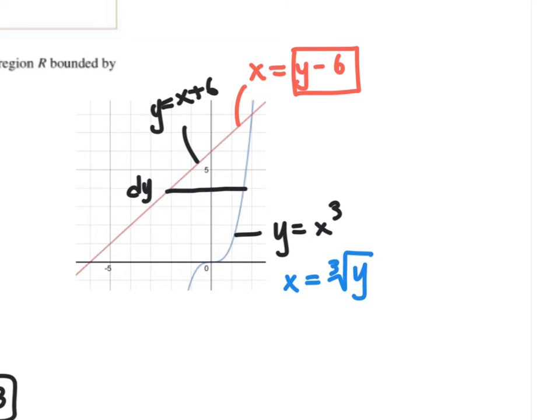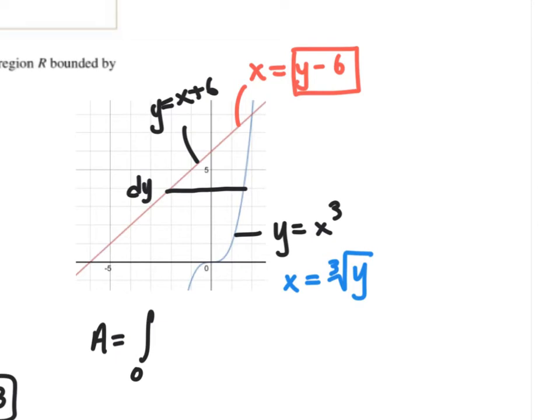Now I just want to write one integral. And so the area here would be the integral from, and now, okay, hold on. Now I got to change my bounds. Because I'm dealing with y, I'm integrating between 0 and 8. So my bounds have to be y values. Okay, so that is something different.